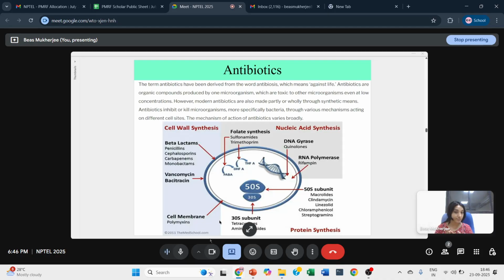So the 50S ribosome subunit can be targeted, the 30S ribosome subunit can be targeted, and the cell membrane can also be targeted. These are the different ways in which antibiotics attack harmful bacteria in our body. You have to remember the names of these antibiotics and their mode of action, because these can come in the form of match the following. These are very important for your exam.